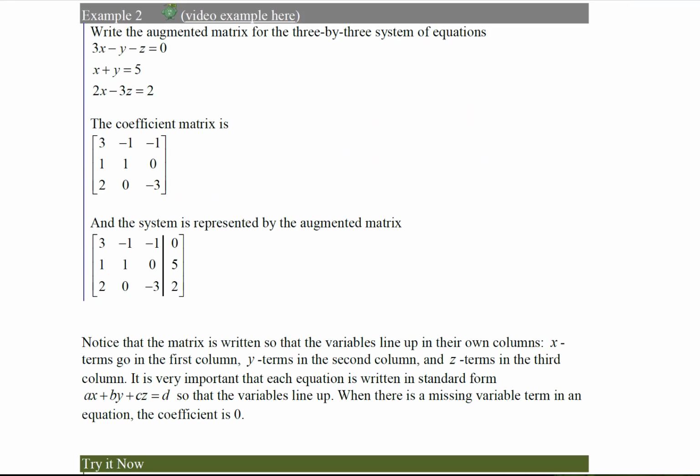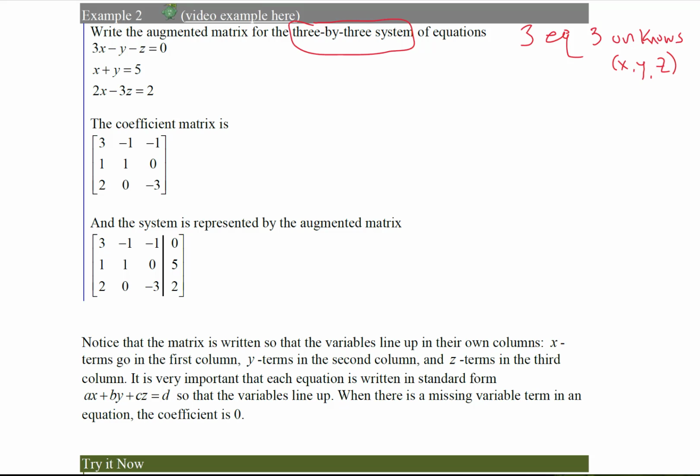All right, here's another example. So, I want you to notice in this one we have a 3 by 3 system. That means 3 equations and 3 unknowns. So the unknowns are x, y, and z.